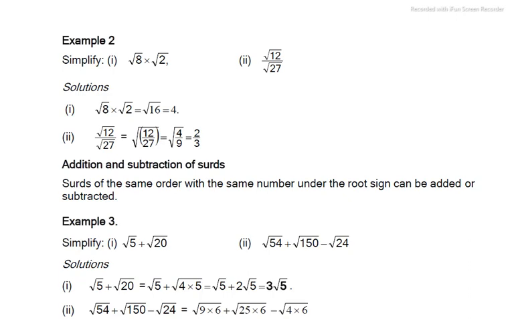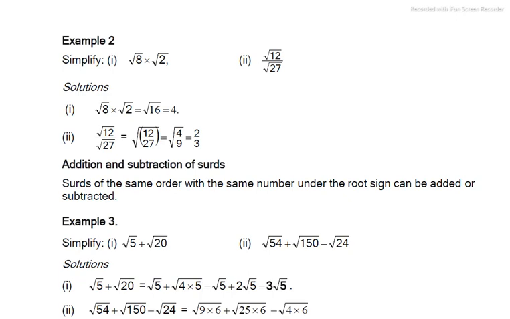Then, after looking at multiplication and division, we can look at addition and subtraction of surds. How do we add and how do we subtract? Yes, this is where it becomes interesting.